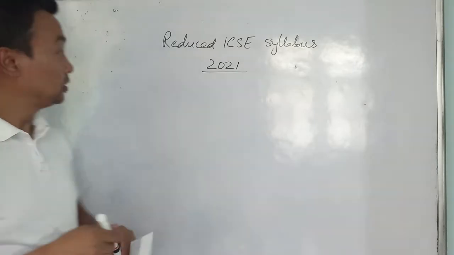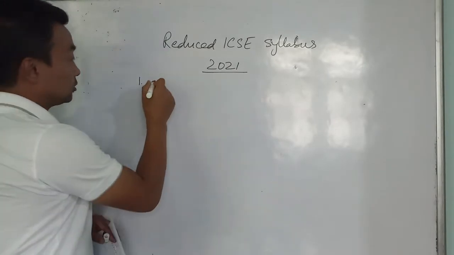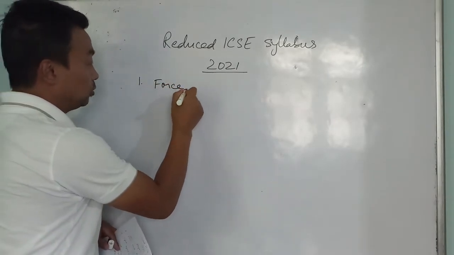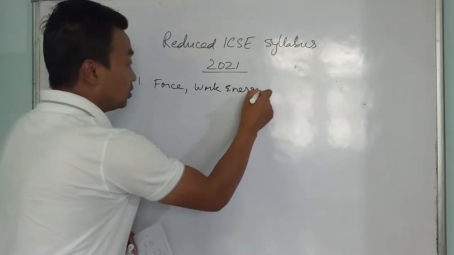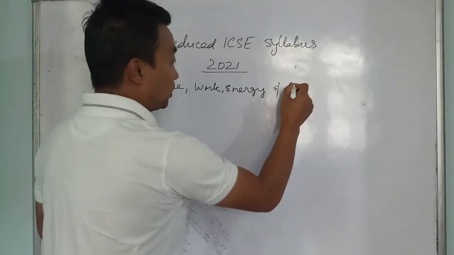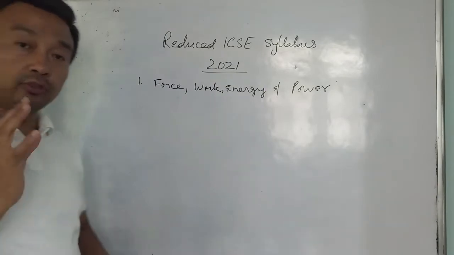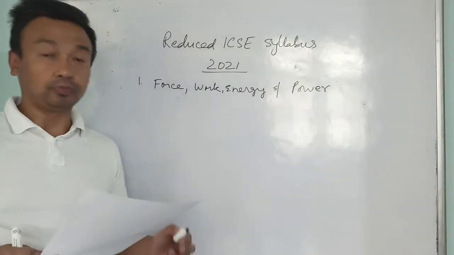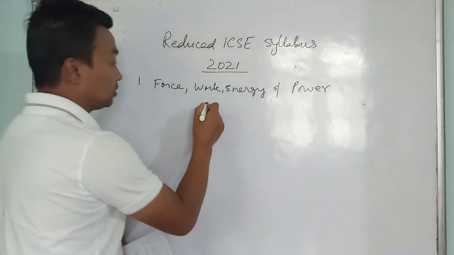So in the first one, the chapter is actually combined: force, work, energy, and power. So this is actually three chapters which are clubbed together, and in this a simple machine is also included.